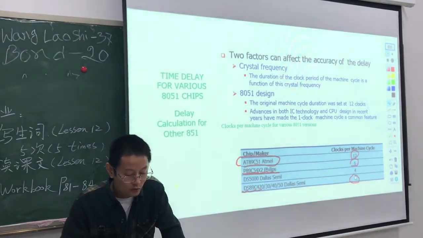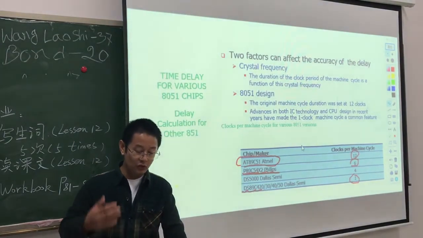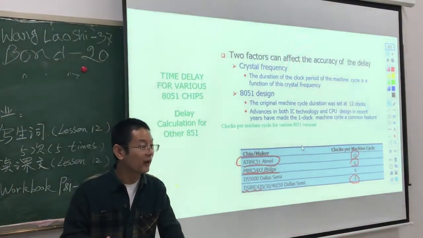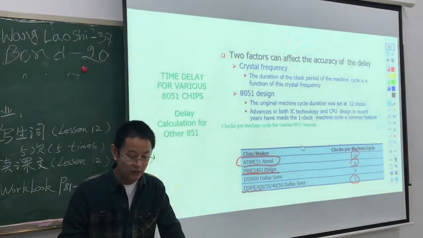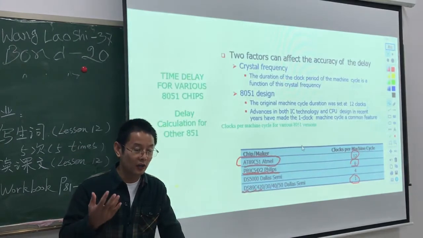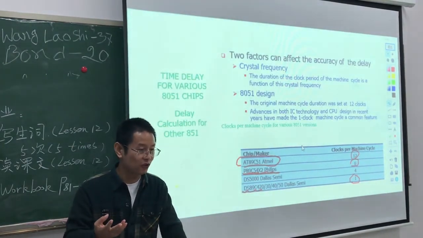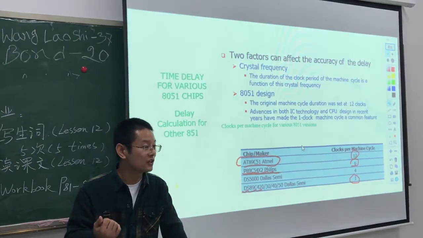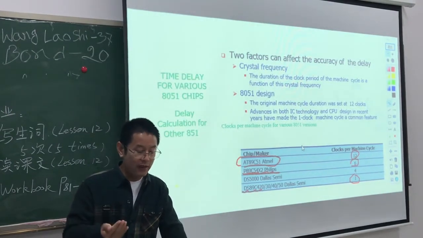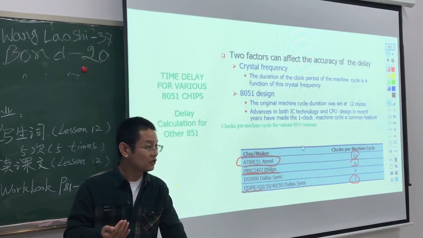So if we use the traditional 8051, we get 12 clocks for one machine cycle. But a new type of 8051 may be different. So when you use a microcontroller, you need to check its machine cycle.